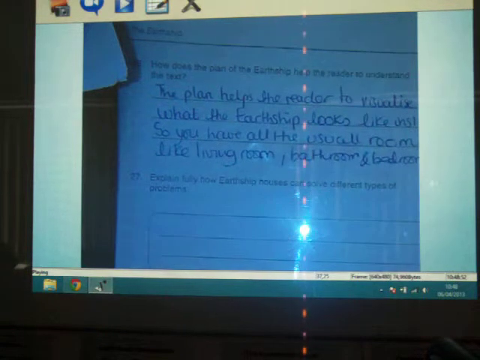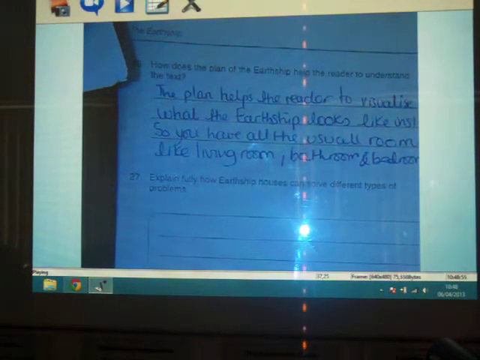So it helps you to see what the setting of the house is inside. Have you got that down?